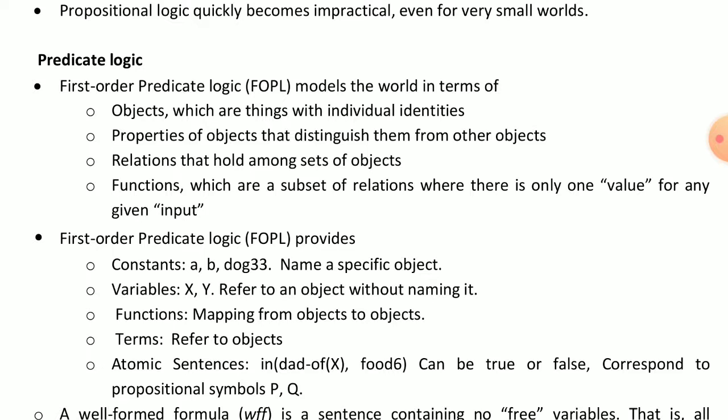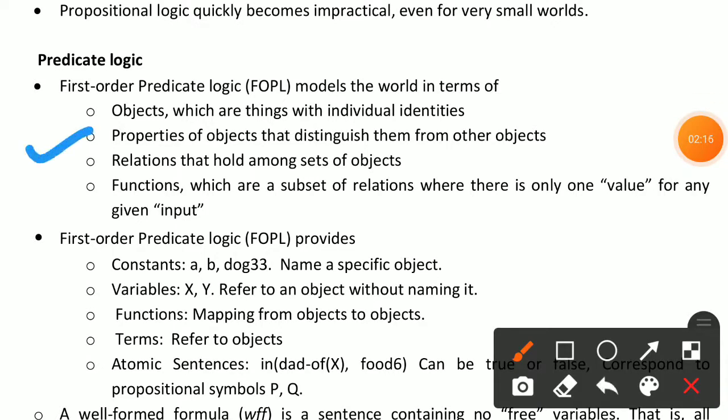All objects are independent, and we can find out the identity of each object. It is the first term. Second is properties of objects that distinguish them from other objects. We can take the properties of objects, and then we can say that the first object is different from another object.